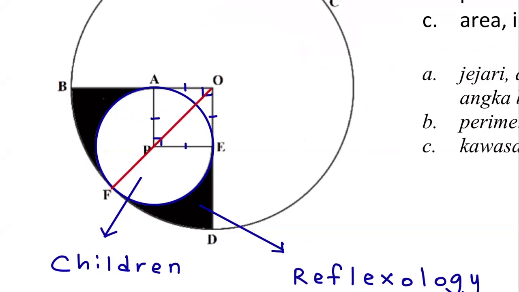Okay, got it? Let's say we put this as R, radius, right? This is R, and this also should be R.